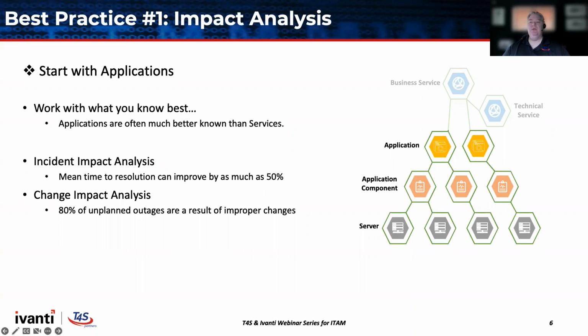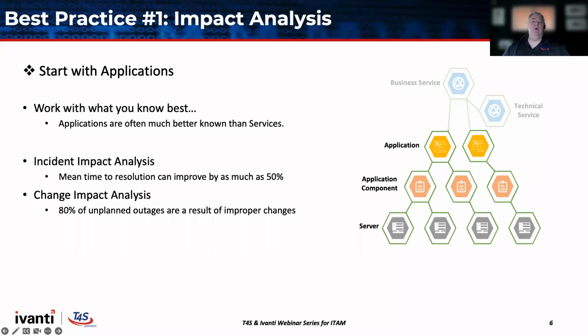When you're starting with service mapping or impact analysis, it's important to start with something, so you have to understand what the context is. An application is a construct that you're ultimately defining what that's going to look like. An application is often well known to IT personnel.